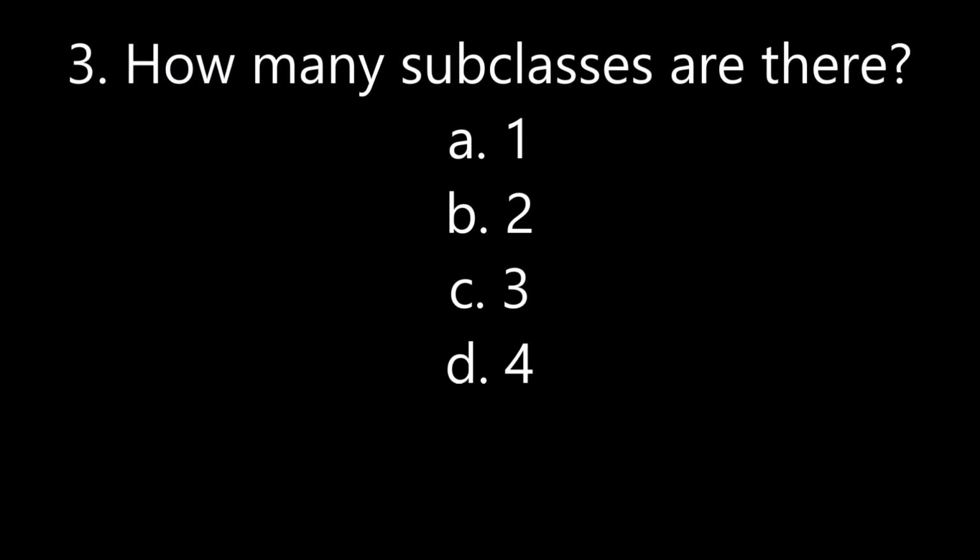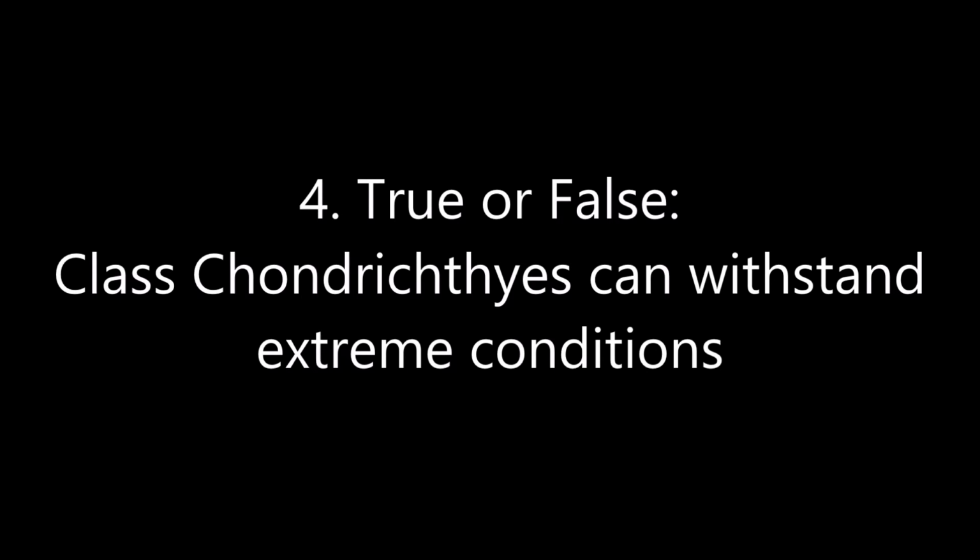Number 3. How many subclasses are there? A. 1. B. 2. C. 3. Or D. 4. The answer is B. There are 2 subclasses. Number 4. True or false? Class Chondrichthyes can withstand extreme conditions.